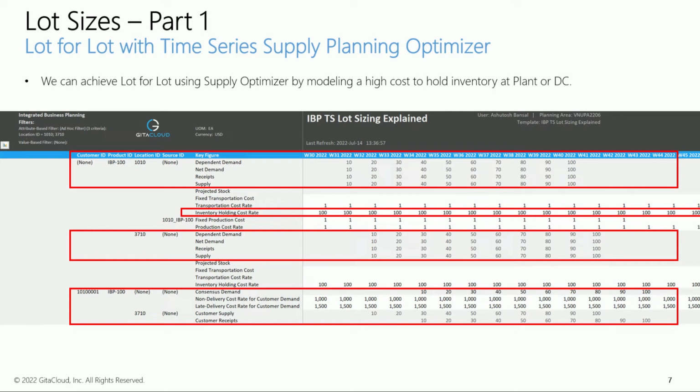Note the high values of inventory holding cost rate at plant and DC, compared to production or transportation costs. This forces Optimizer to receive in plant or in DC just what is needed in each period, to minimize inventory holding costs.